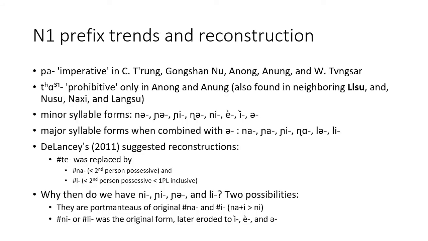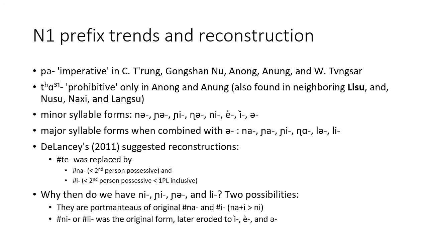So trying to reconstruct the original form of some of these prefixes. We have pa, imperative, not in Daru, but in Central Trung, Gongshannu, Anung, and Western Tangsar. We have the prohibitive prefix ta, only in Anung and Anong, which is probably borrowed from Lisu, which has a lot of influence on Anong.